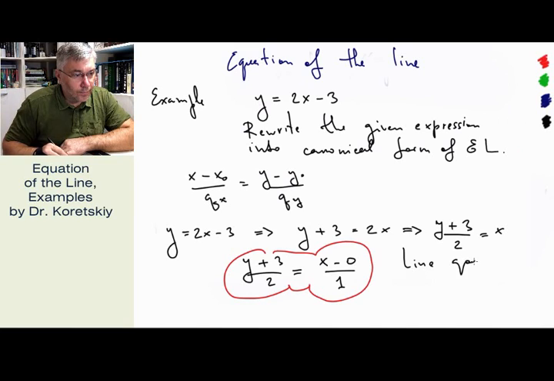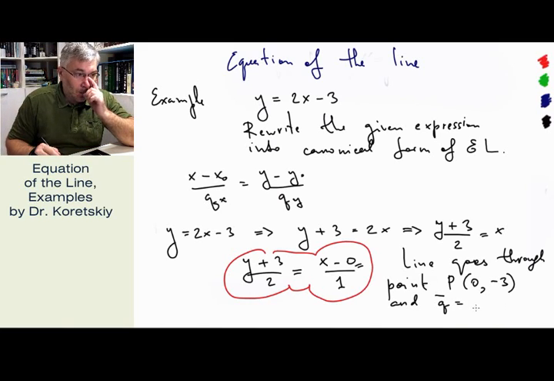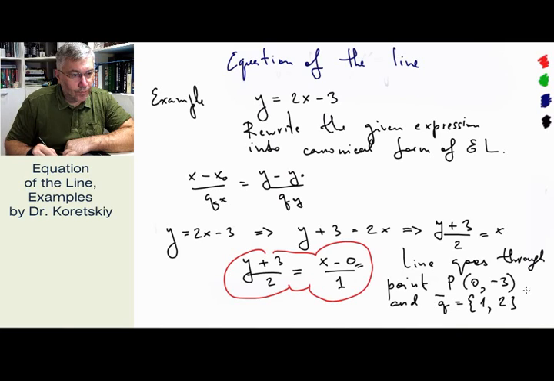It means that line goes through point, I do not like P, with components 0 and minus 3, and Q has components, x component 1, and y component is 2.